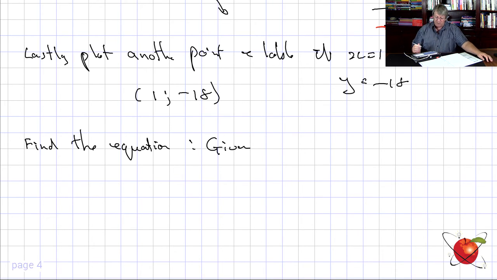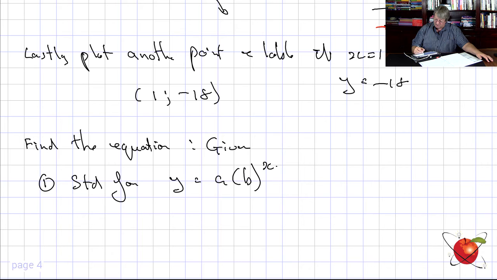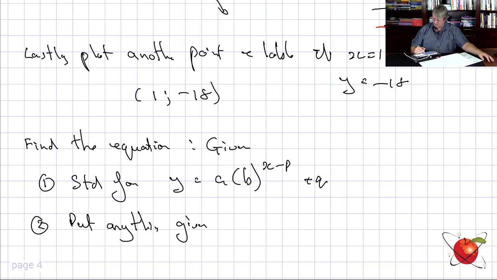How do we do it? Write down standard form. We know that. Standard form: y equals a times b to the power of x minus p, plus q. Put anything given into the equation.